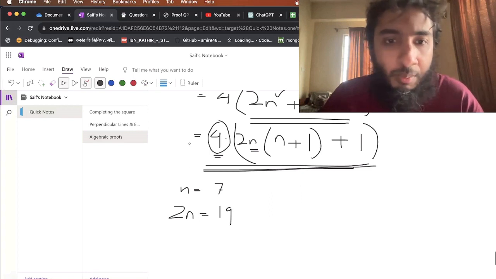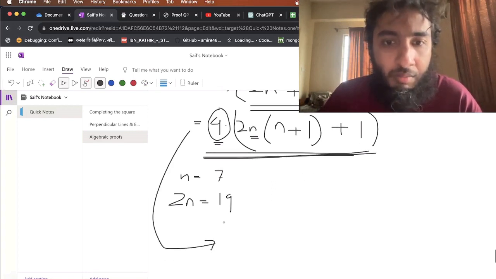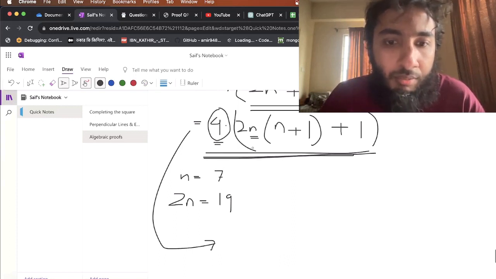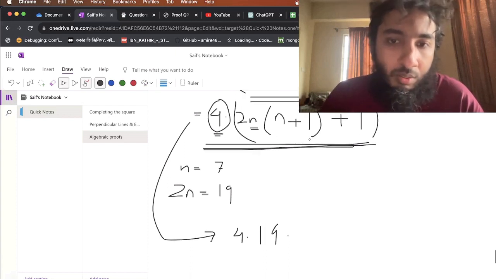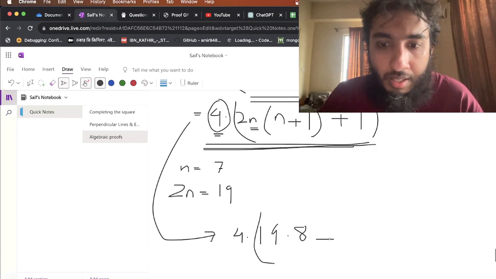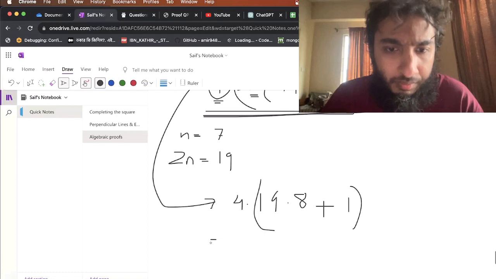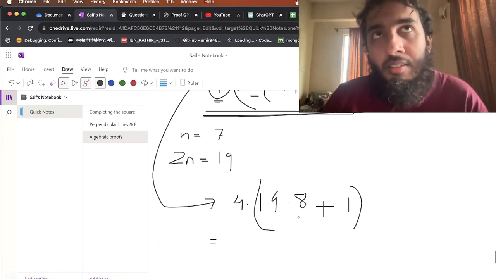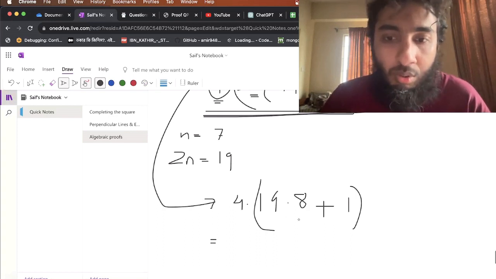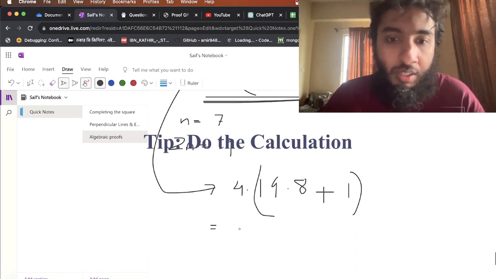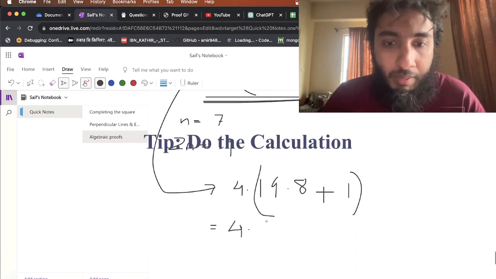So what will be the result? 4 multiplied by 14, multiplied by 7 plus 1, which is 8, plus 1. So what is the result? 14 multiplied by 8: 10 multiplied by 8 is 80, and 8 4s are 32. So 80 and 32 is 112, and 113. So 4 multiplied by 113.